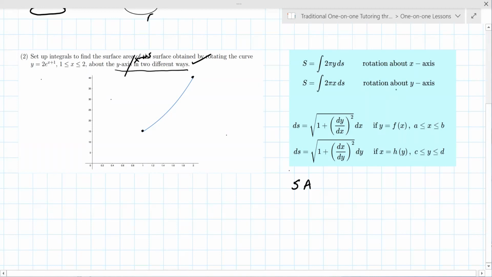So if we do about the y-axis, the surface area is the integral of 2 pi x, and then there's this ds. Your ds is when you solve this thing for x, and then this other one is when it's solved for y.